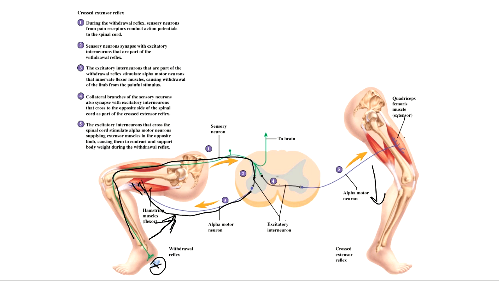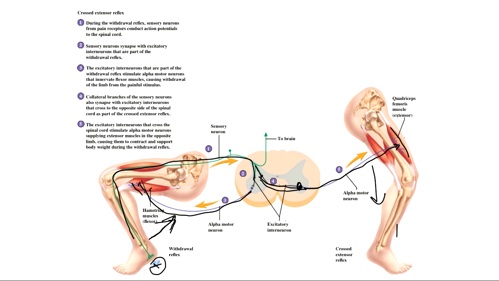At the same time, that sensory neuron is also stimulating another interneuron that's going to cross to the other side of the spinal cord and stimulate a motor neuron for the other leg to extend the quadriceps muscle, extensor muscles, to extend the other leg and catch balance so the person doesn't fall.